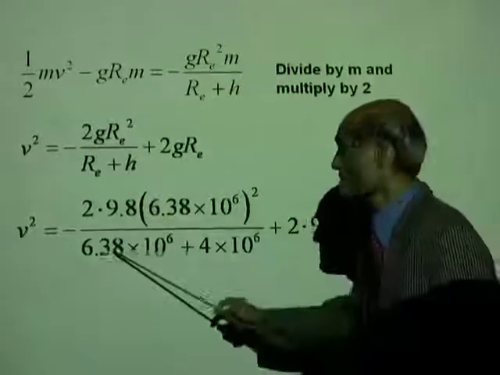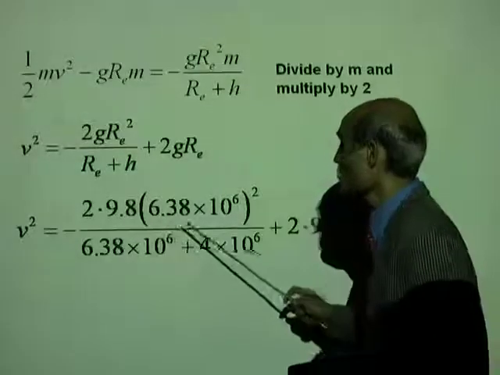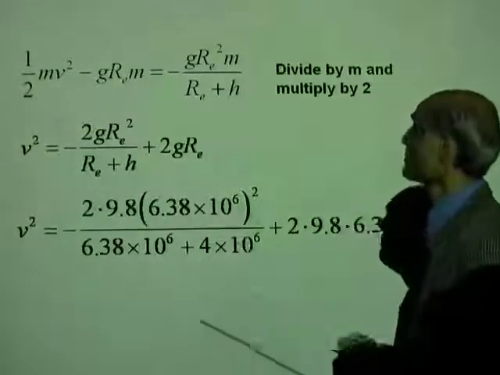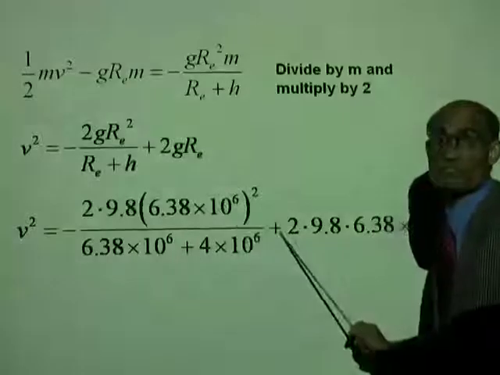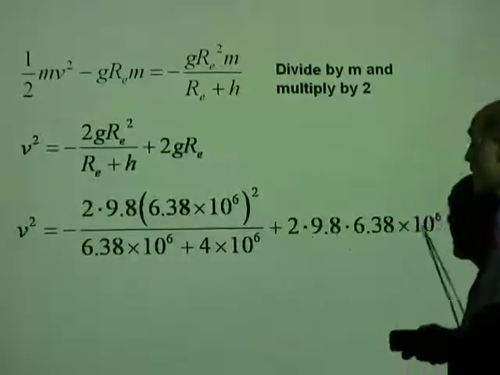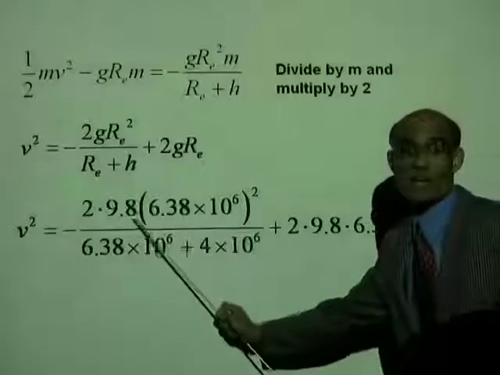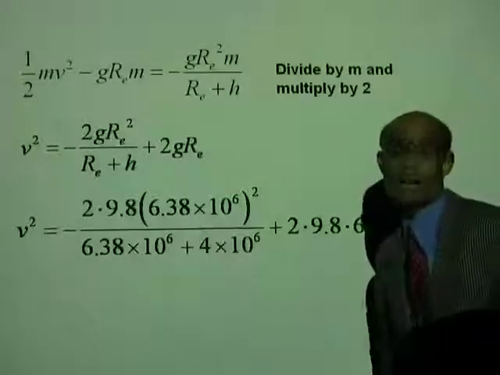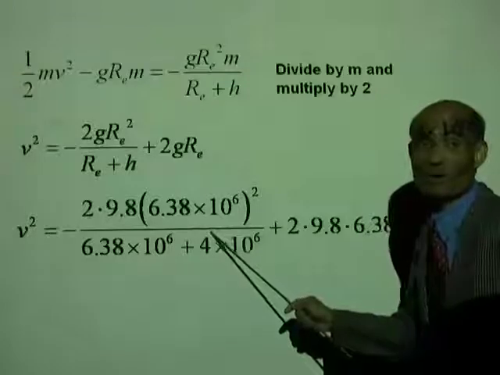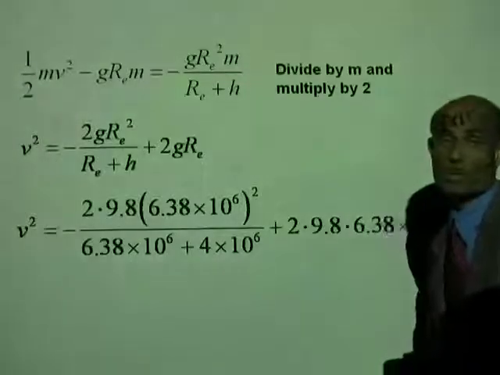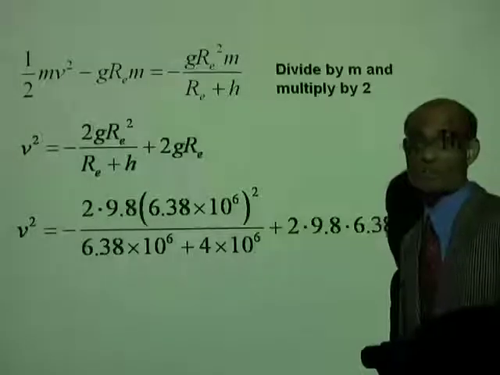Very important. 6.38 times 10 to the 6th plus h, which is 5 times 10 to the 7, plus 2gR_E, the normal value. Okay? Do that on your calculator. If you have trouble with it, let me know. I want to make sure that you can calculate these values on your calculator without any trouble.